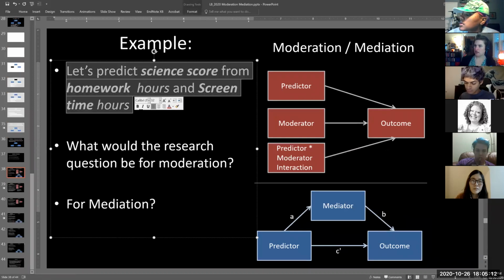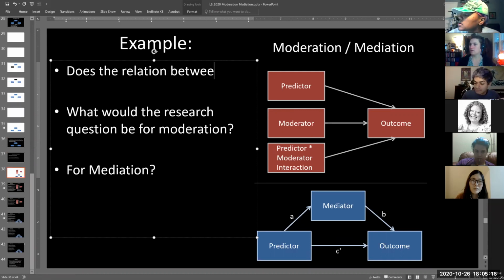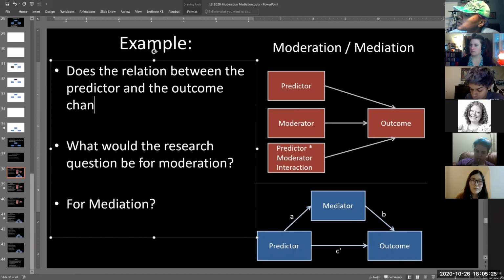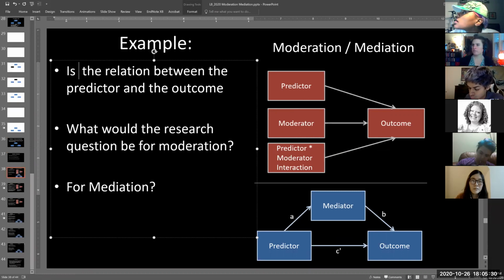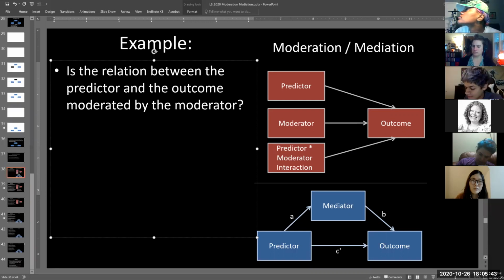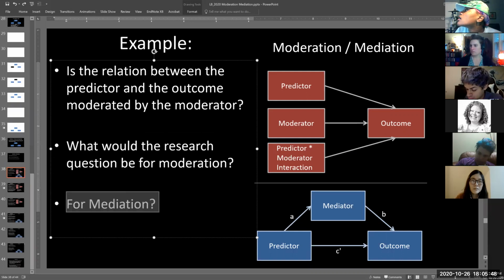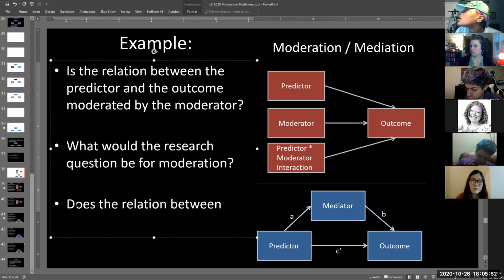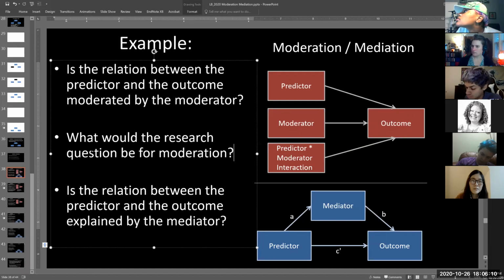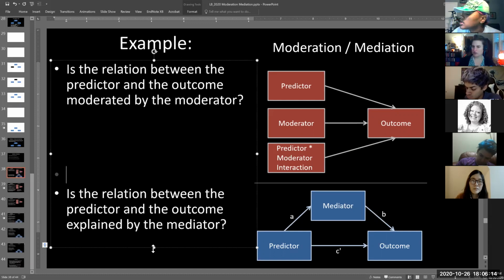So if I change this and I say, all right, there are the 2 example research questions.